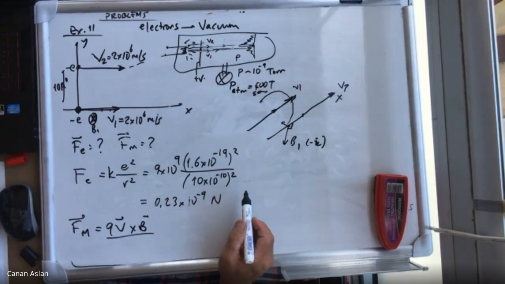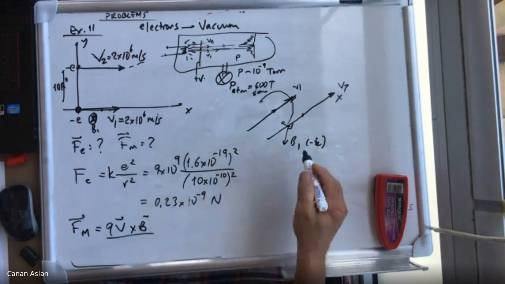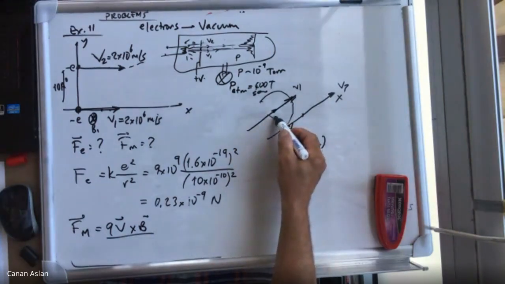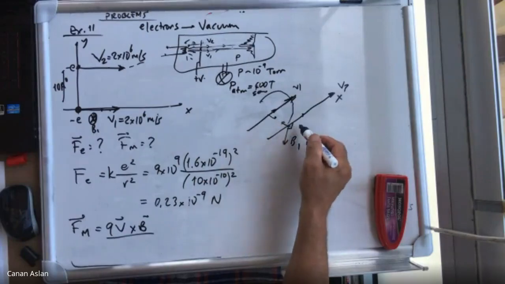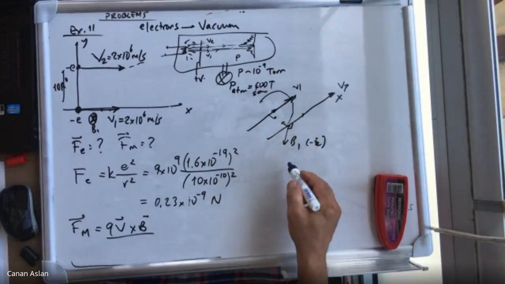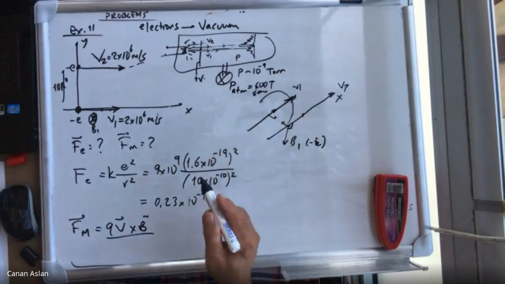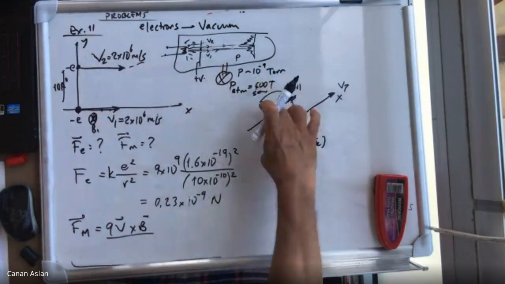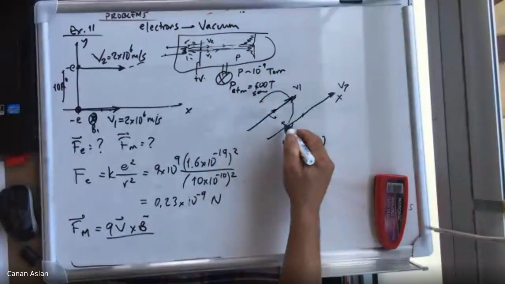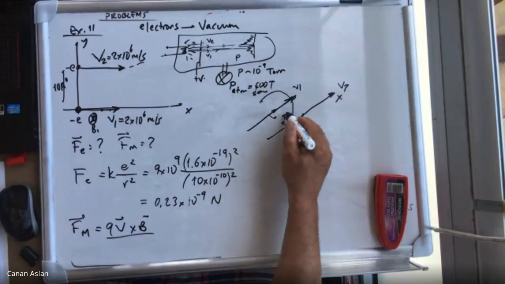So what's going to happen is that they will attract each other. So instead of a repulsive force, an attractive force will be obtained by the magnetic force.